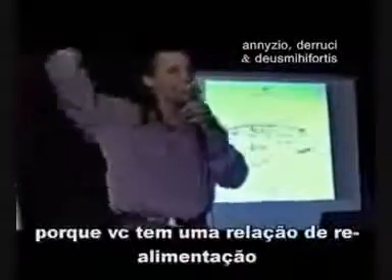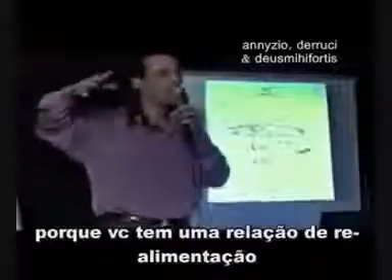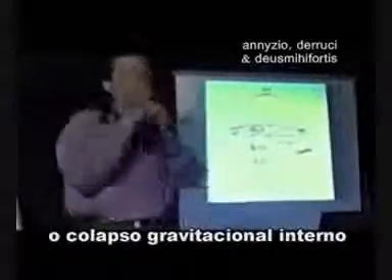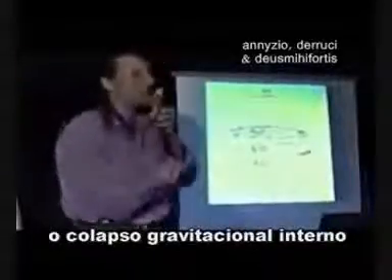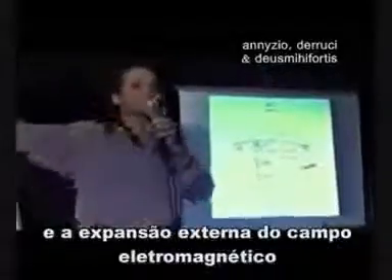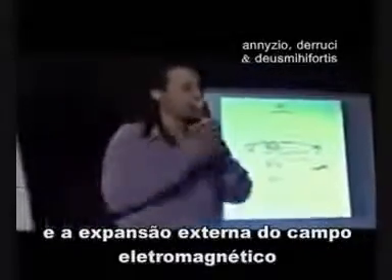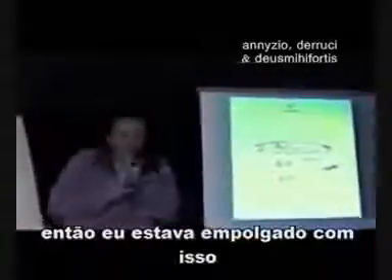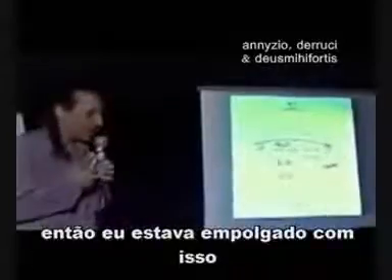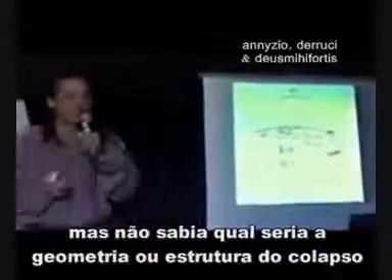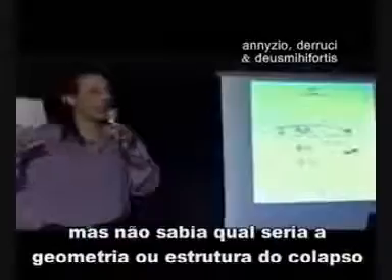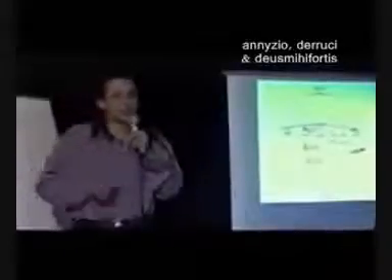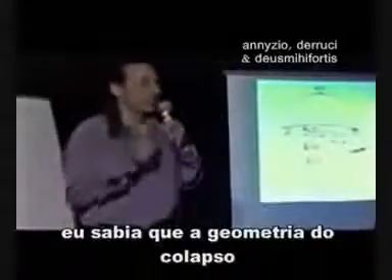Because you have a feedback relationship between the internal gravitational collapse and the external expansion of the electromagnetic field. So I was really excited about that, but I didn't know what was the geometry or the structure of the collapse. I knew one thing, is that the geometry of the collapse had to be in equilibrium.